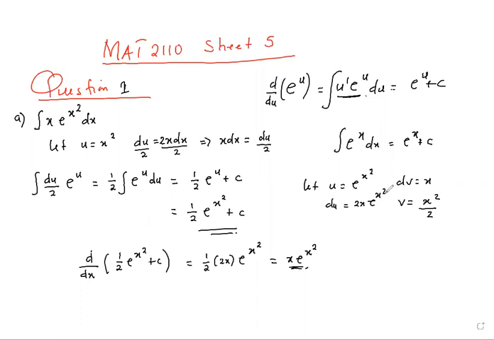The combination will be x squared over 2 e to the x squared minus the integral of x cubed e to the x squared dx. It has become more complicated than the original question.